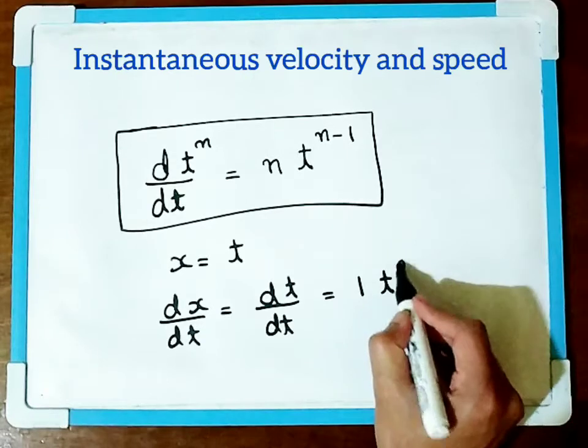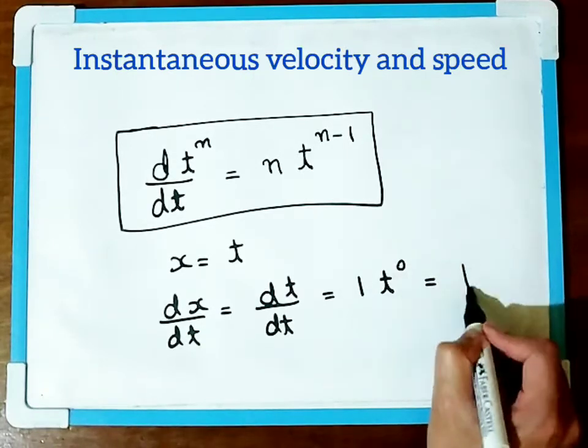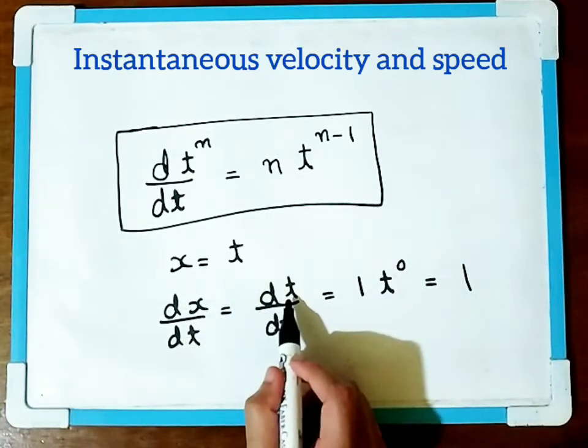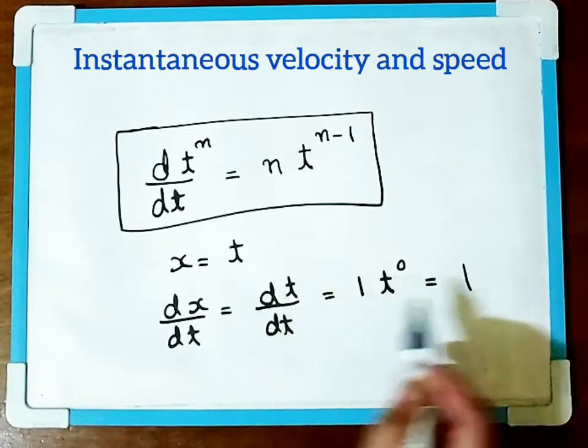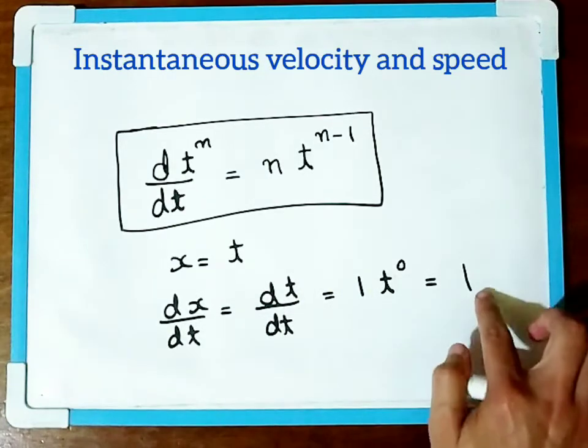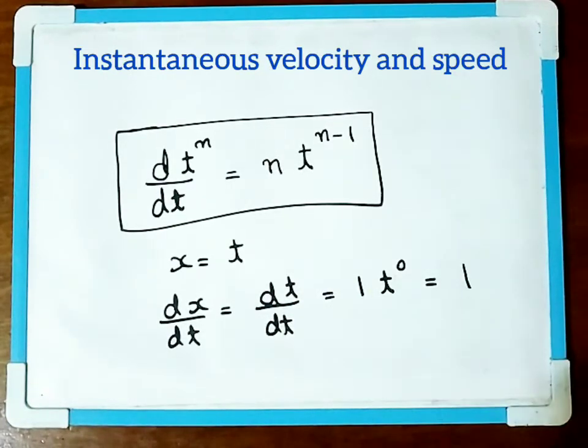Anything to the power 0 is equal to 1. So if we take the derivative of t, d/dt of t will be equal to 1. So this is also important. You remember this formula. We'll have to use this in calculating the instantaneous velocity of non-uniform motion.